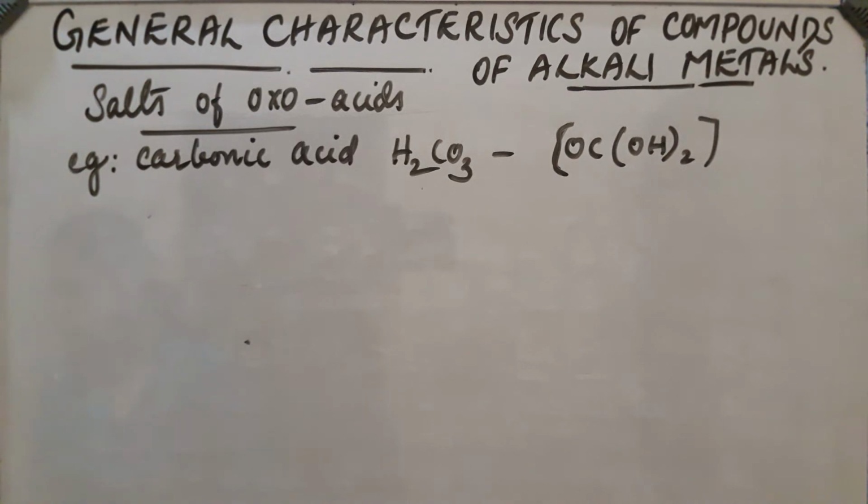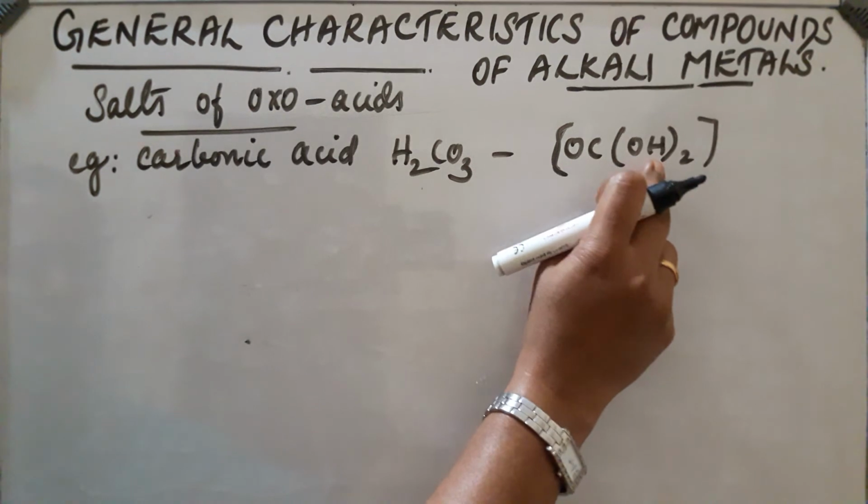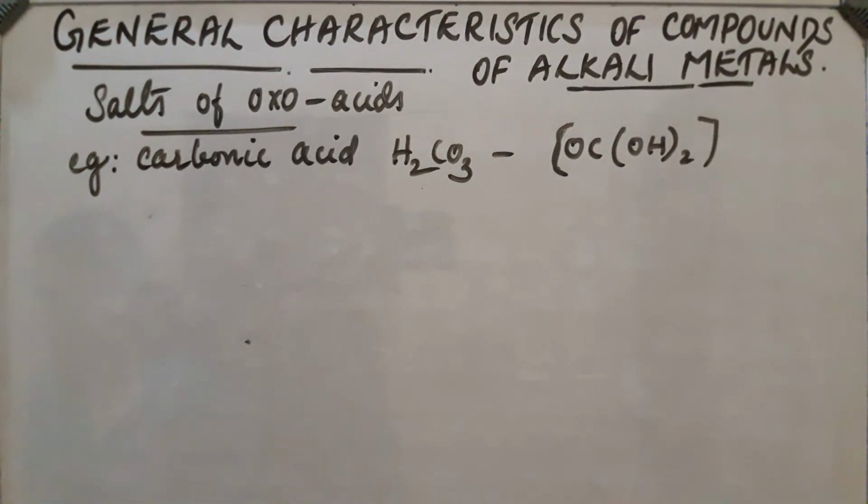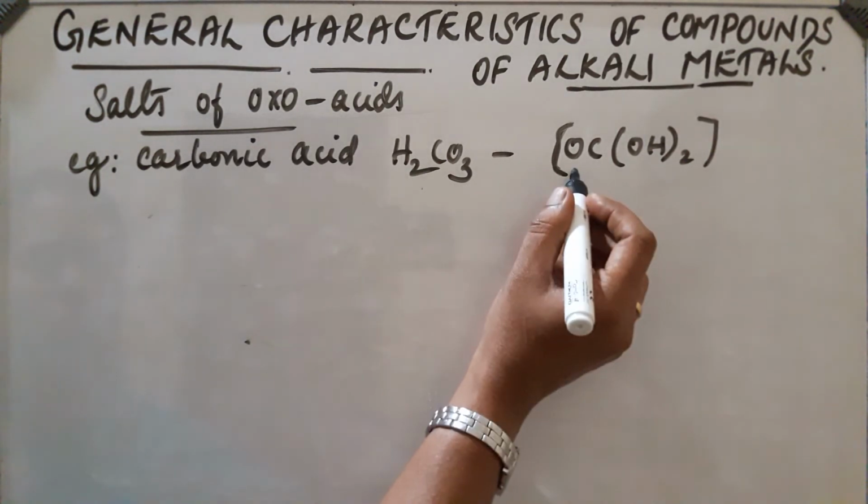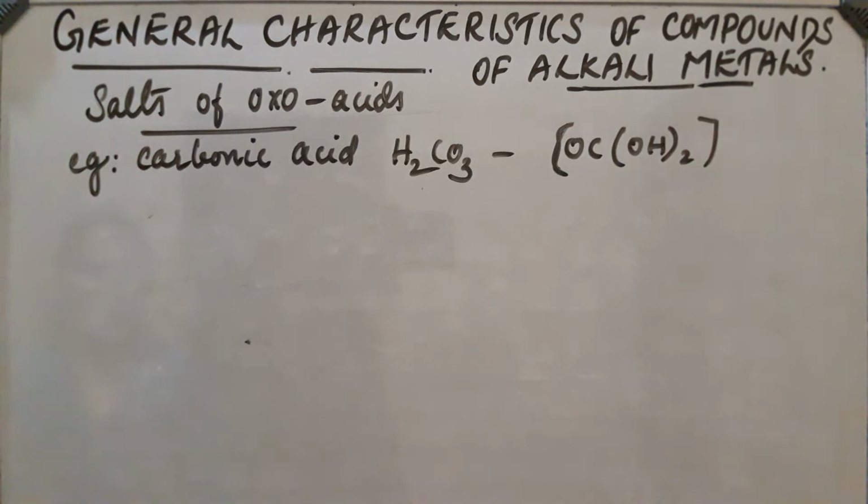Oxo acids are acids in which the acidic proton, that is this hydrogen, is on the hydroxyl group, and an oxo group is attached to the same atom.